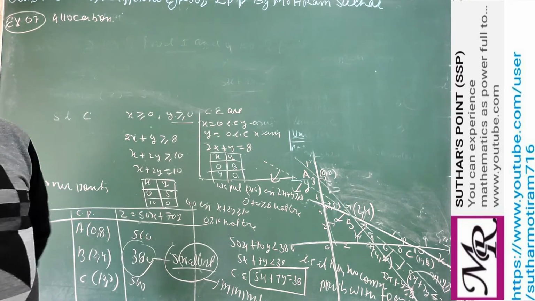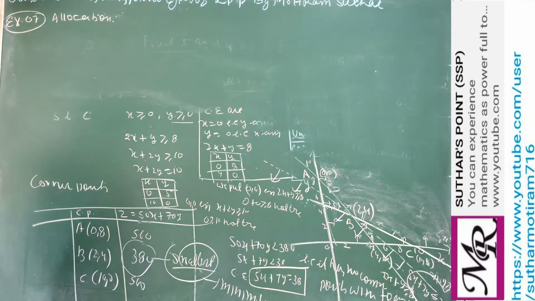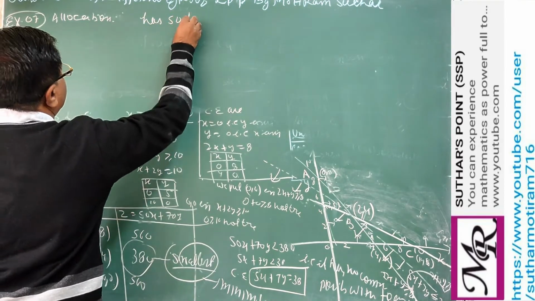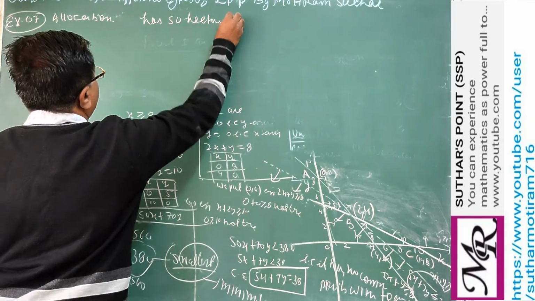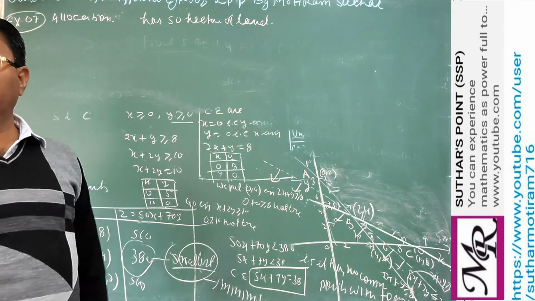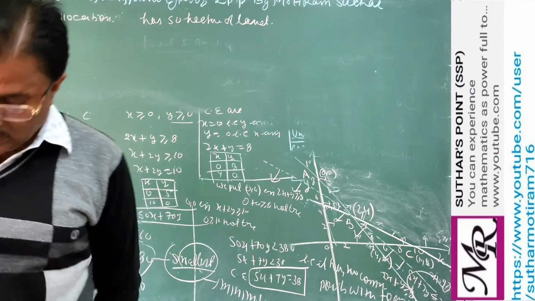The problem says a cooperative society of farmers has 50 hectares of land. The total society has land that is given as 50 hectares. Clear?